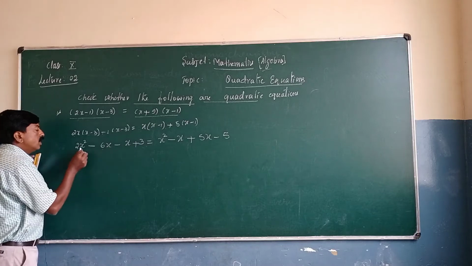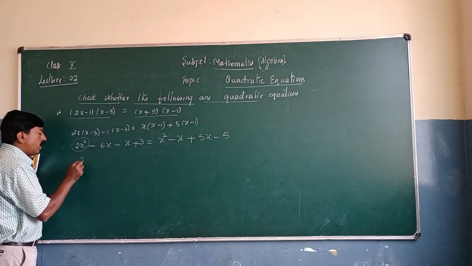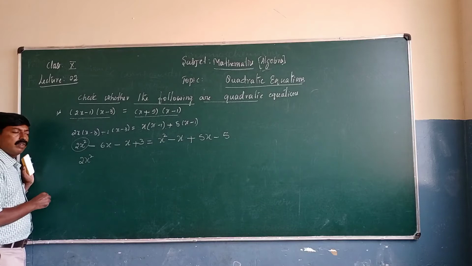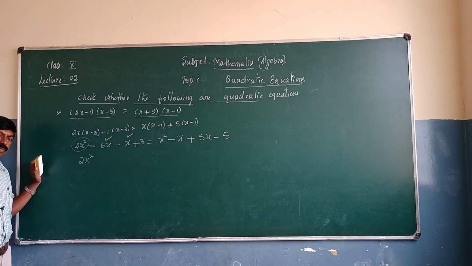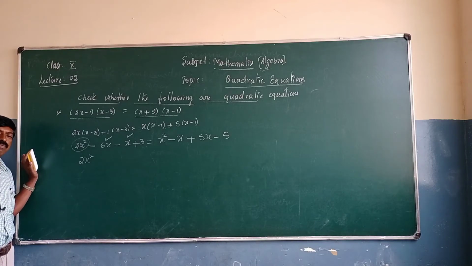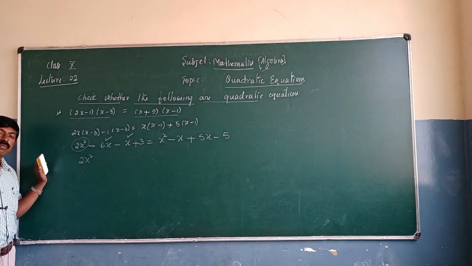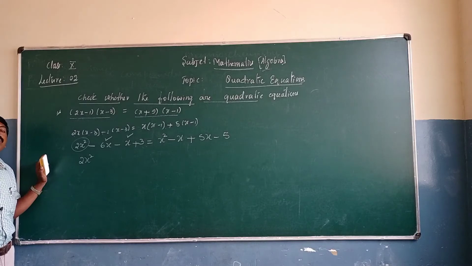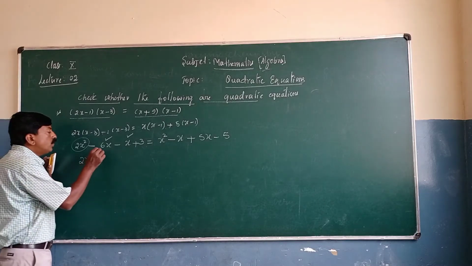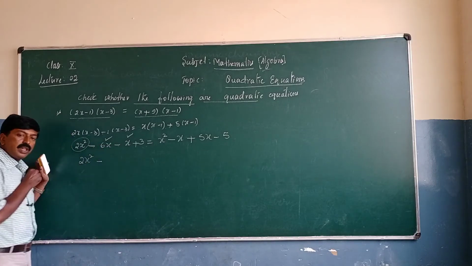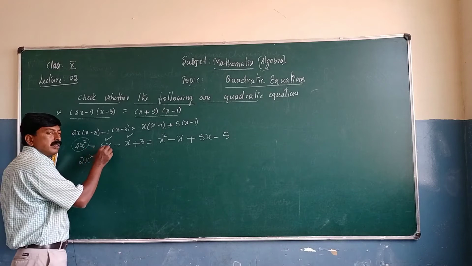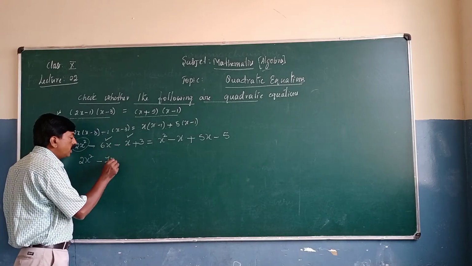In LHS, only the highest is 2x square, so write as it is. Minus 6x and x. What type of expressions are these? These are like terms with like sign. So what we have to do, like terms with like sign, we have to add. Therefore minus 6x minus x. Both are same sign, write the same sign. 6x plus 1x is 7x.